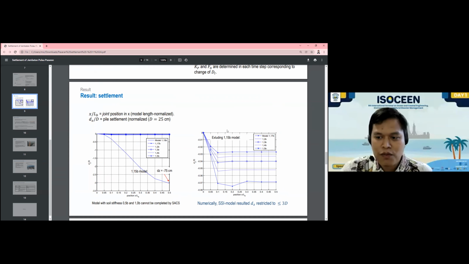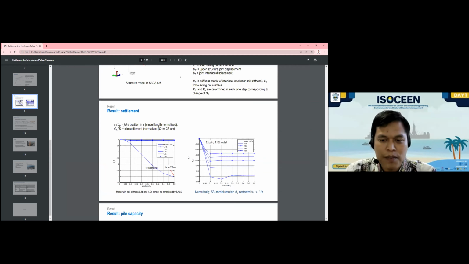Thank you, Mr. Aswarul. The model with soil stiffness 0.5 B and 1 B cannot be completed by the software. Actually, there is a limitation in numerical computation. There is a limitation in involving soil structure interaction, where the settlement of the model has got extreme.